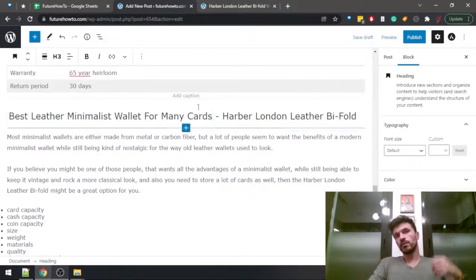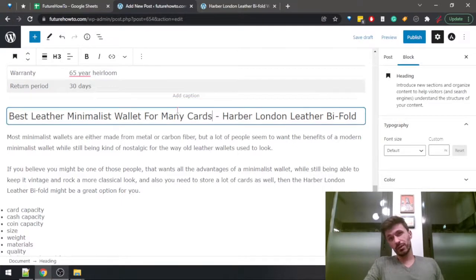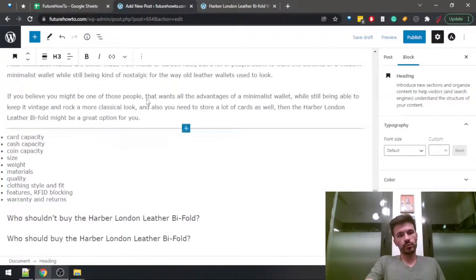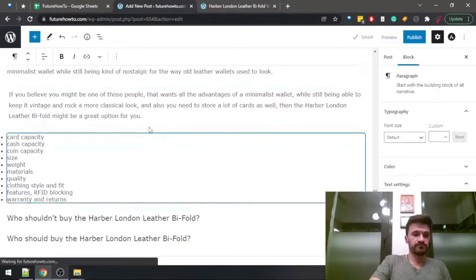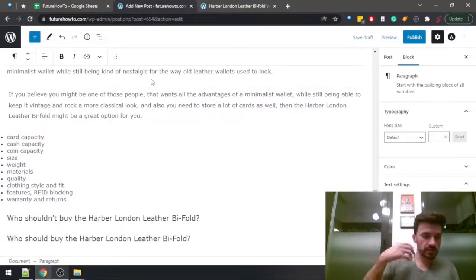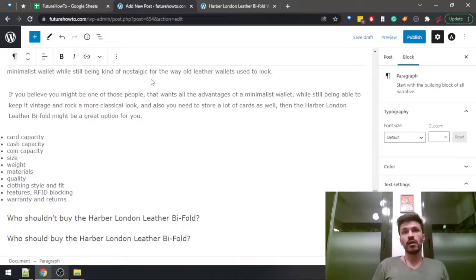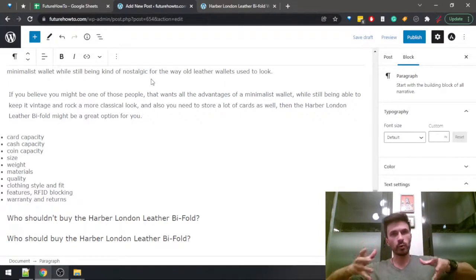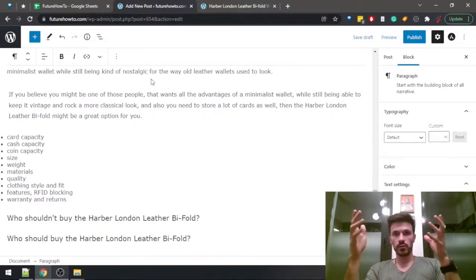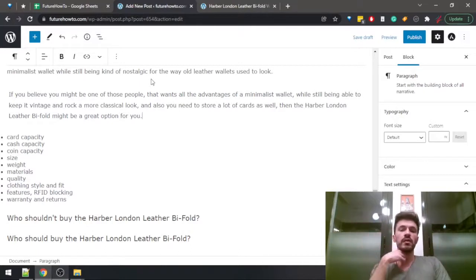We're not going to do that right now because we're already halfway done, but keep in mind that this is how these things progress. If I do a second iteration of this article, if I'm updating it, if I'm trying to outcompete a competitor and create more in-depth content, I will certainly add best bifold minimalist wallet for many cards.